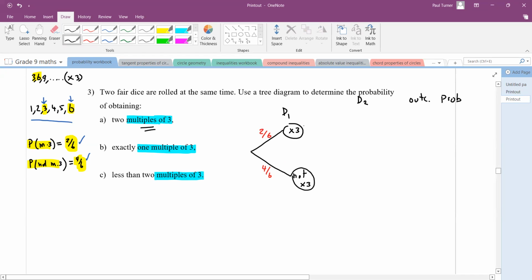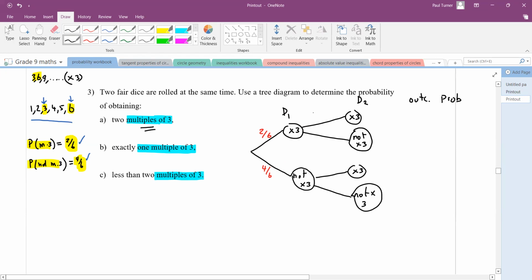So then we continue the diagram to be a multiple of 3 for die 2, the second dice, and then not multiple of 3. We'll go here. And again, we repeat that for this branch. So multiple of 3, not multiple of 3 here.